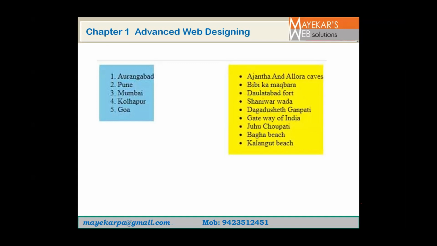The second list we created with a yellow background, and we floated it to the right, so it is displayed at the right side. So by using the float property, we can assign the position of any section or division. Here we have aligned them in a line, one at the left side and another at the right side. So this is the output of your third question.